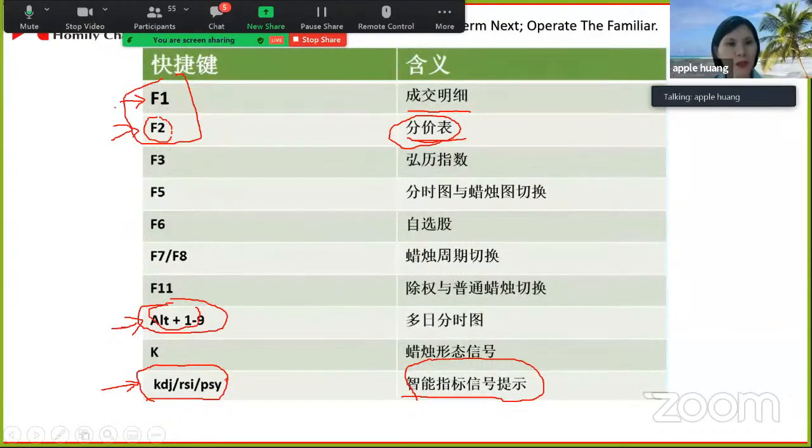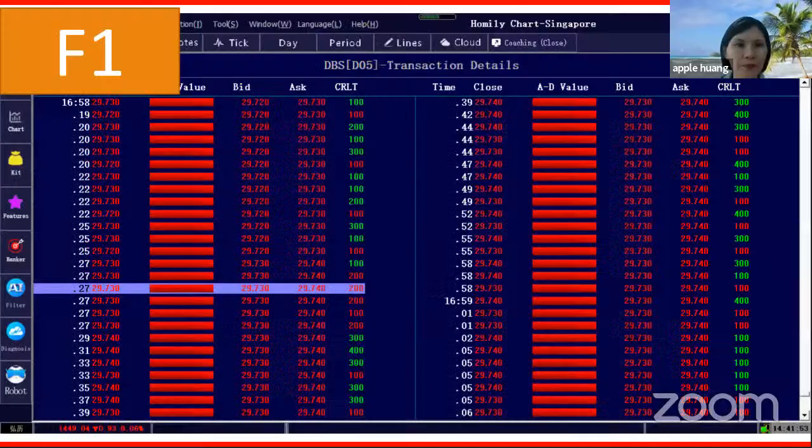So what is F1? When you go to the PC kit and press F1, function 1 on your keyboard, it will show the stock's breakdown of the trading detail.